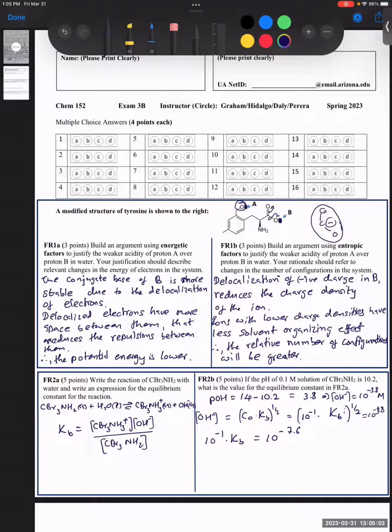Therefore Kb is equal to 10 to the power of minus 7.6 divided by 10 to the power of minus 1, which is 10 to the power of minus 6.6. And that should be the value of the equilibrium constant. If you want to, you can convert this to scientific notation as well. 10 to the power of minus 6.6.